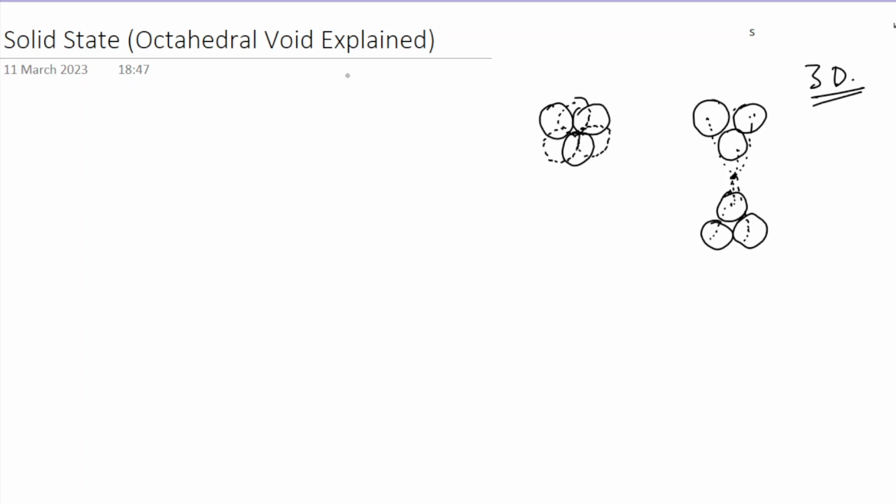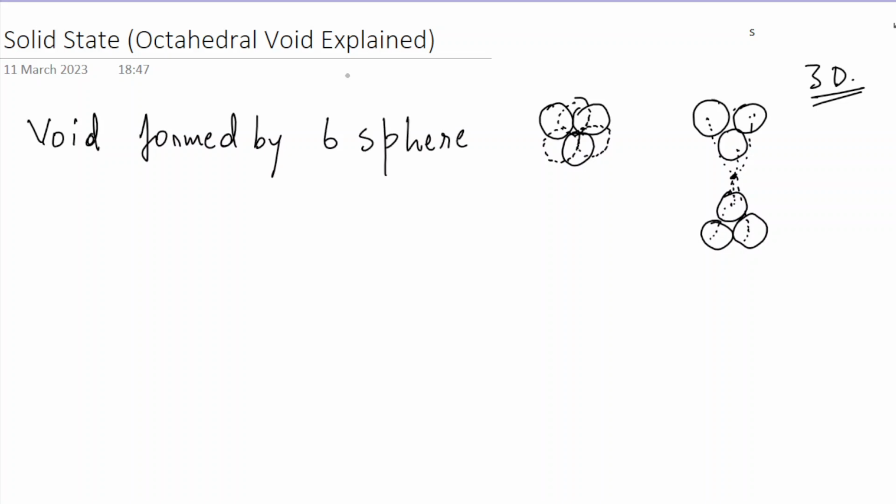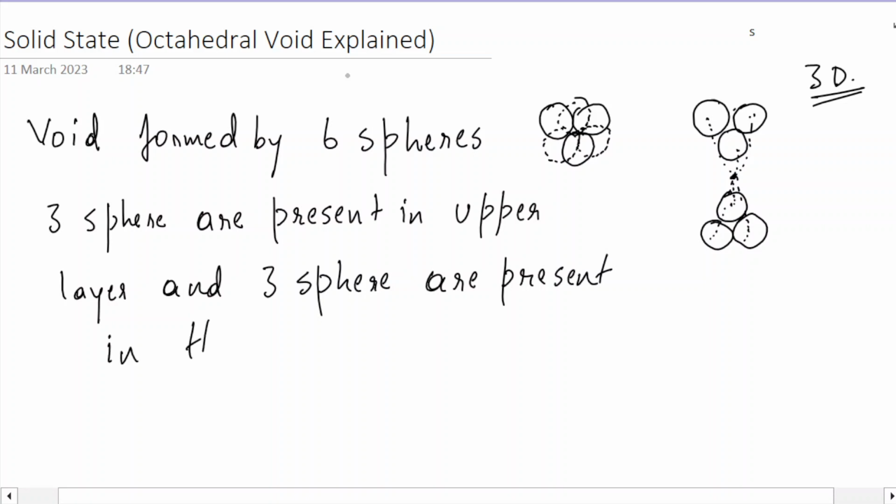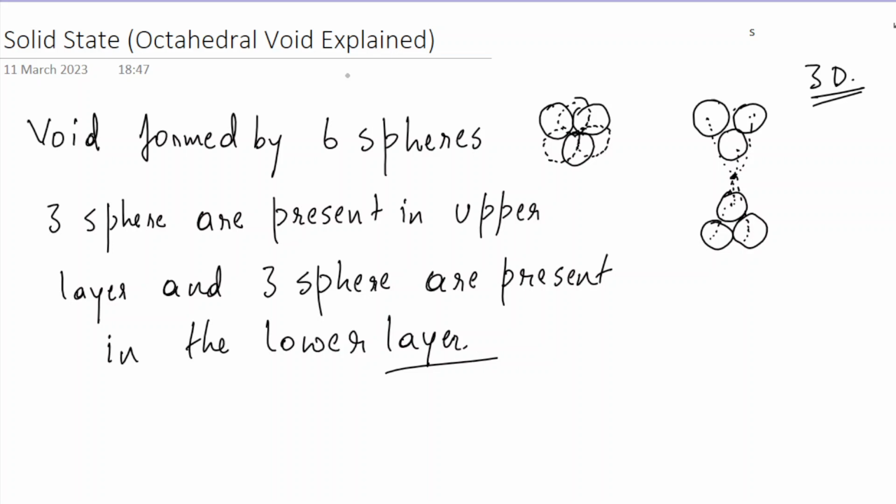We can define an octahedral void as the void formed by six spheres, where three spheres are present in the upper layer and three spheres are present in the lower layer. And the void formed here is known as the octahedral void.